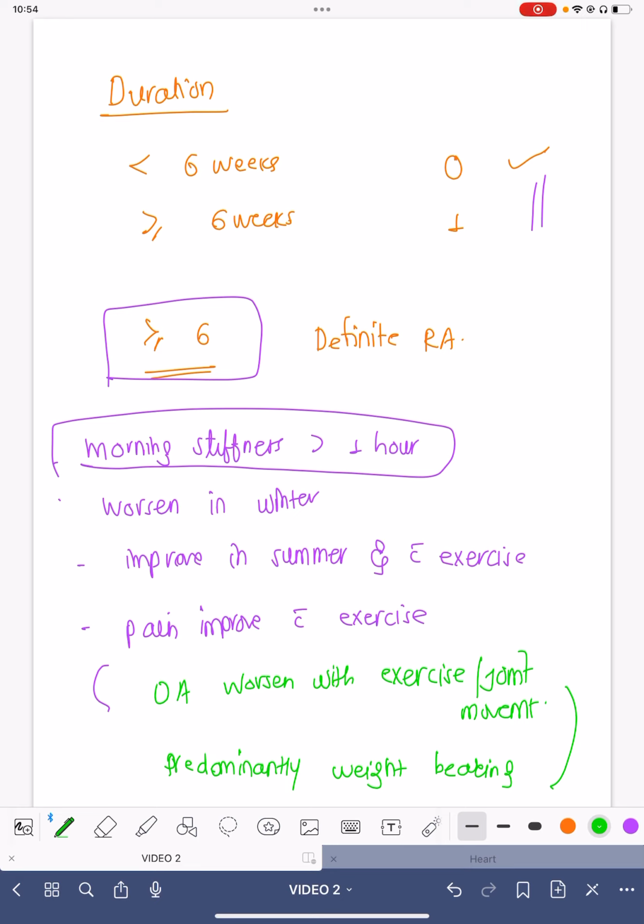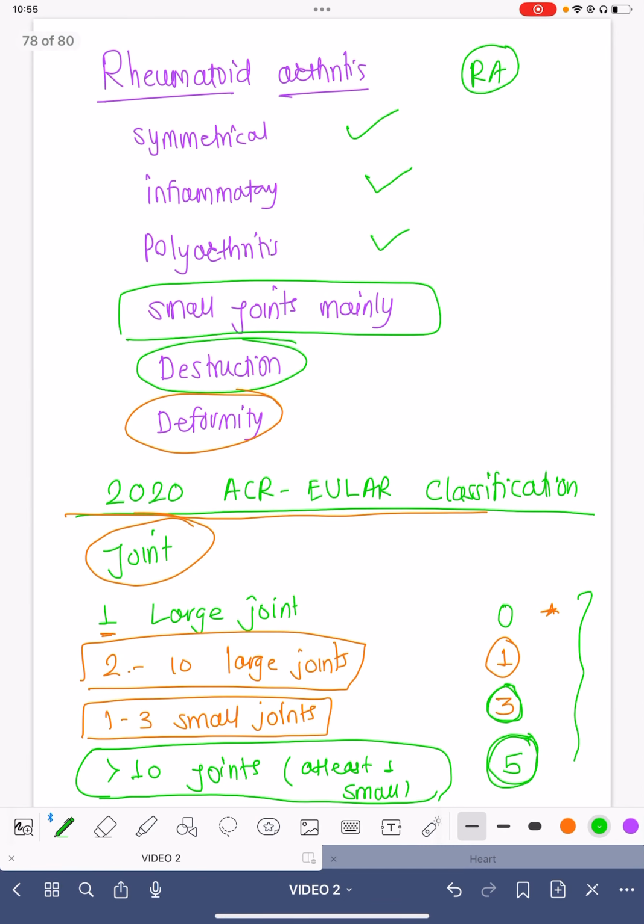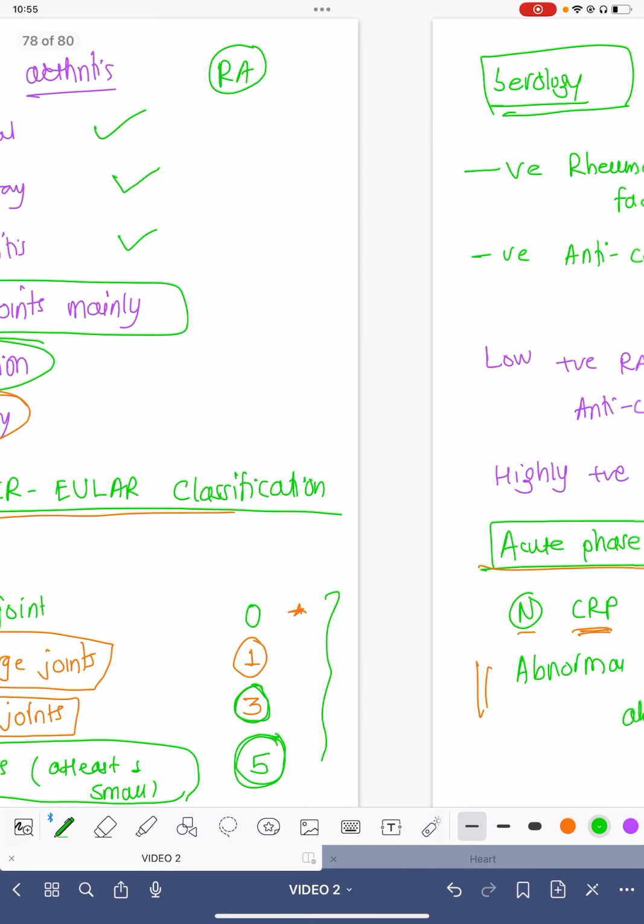As they keep on exercising or as the day passes, their pain markedly improves. The joint pain improves in summer and with exercise, and it is significantly worse in winter because the temperature is very low. As this is an inflammatory disease, with cold the pain will worsen, and with heat the pain will get much better.